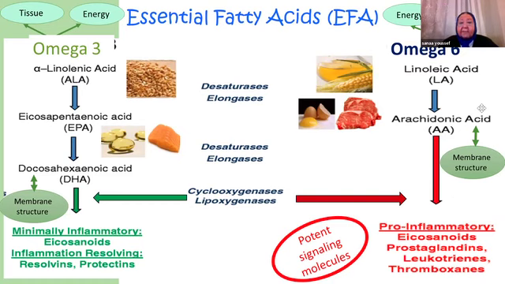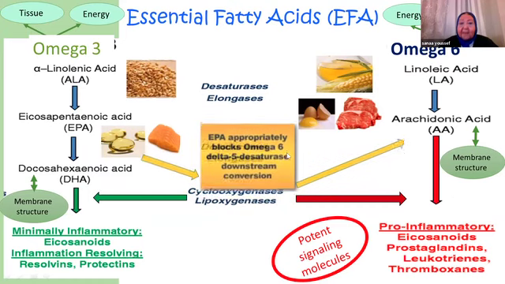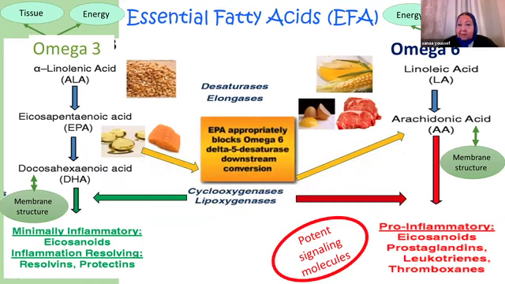And these are very potent signaling molecules for inflammation and infection. The DHA is very important eventually because EPA, the eicosapentaenoic acid, is going to block omega-6 downstream conversion. It stops it at the level of AA, which is needed for immunity, and does not let it go further into more metabolization to produce the pro-inflammatory products.